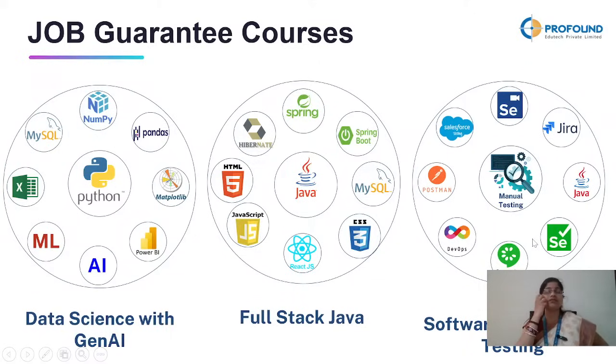In automation testing, we cover Selenium, Cucumber, Postman, Jira tools, Salesforce testing, and DevOps concepts are also covered. Now if you see, during your graduation, post graduation, you might have learned these technologies, or you may have had a small introductory session, but you will get in-depth knowledge over here if you join the courses.